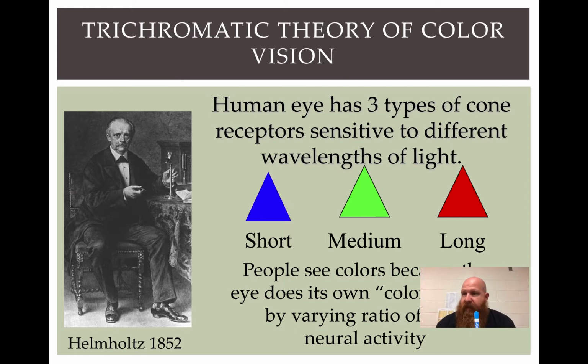Or different combinations of this. So I see this color based on the amount of cones firing that deal with blue, red, and green. Just kind of like throwing a bunch of food coloring together. Those are just firing off, and whatever combination is happening is where I'm perceiving this blue color or this green color.